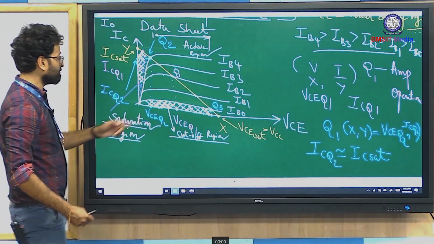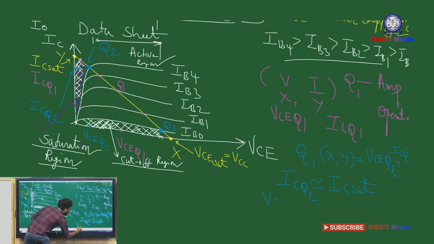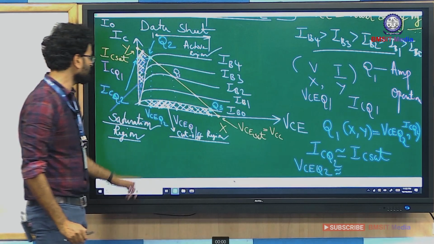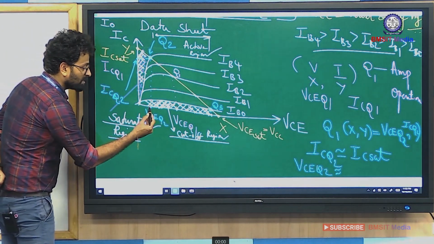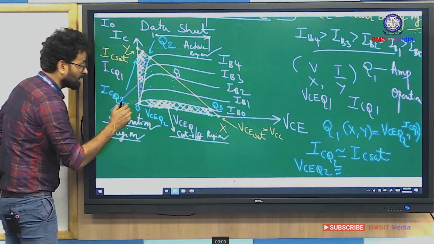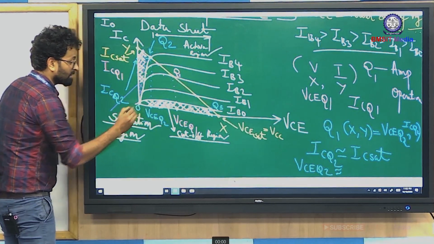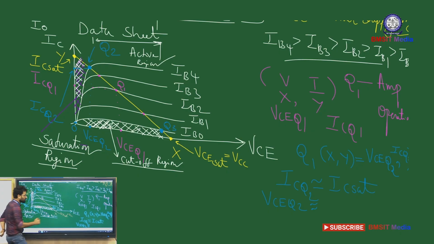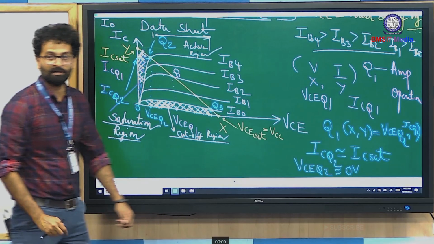On the other hand, if you look at VCE Q2, where is it located? VCE Q2 is located very closer to the origin. And what is the origin value? 0. So this VCE Q2 you can approximately consider as 0 volt.